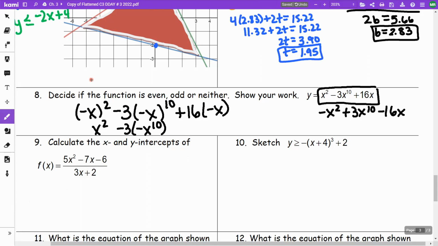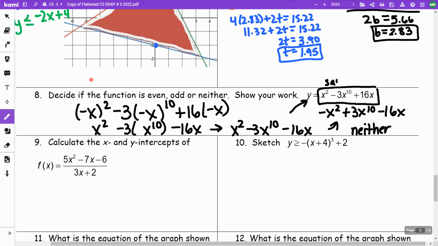Sorry, a positive x to the 10th, because a negative to an even power is going to be positive. And a minus 16x. So if I clean this up, I'm going to have x squared minus 3x to the 10th, which almost looks like this, but I'm going to have a minus 16x. And that's not the opposite. So this is going to be neither. When I compare it, it needs to either be the same or opposite, and I didn't get either one.